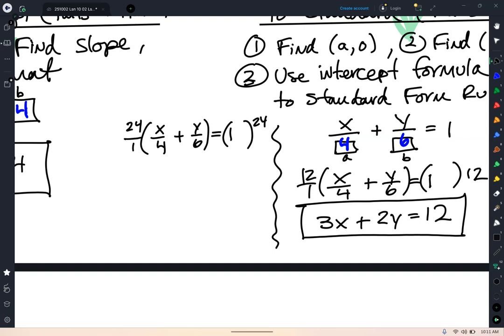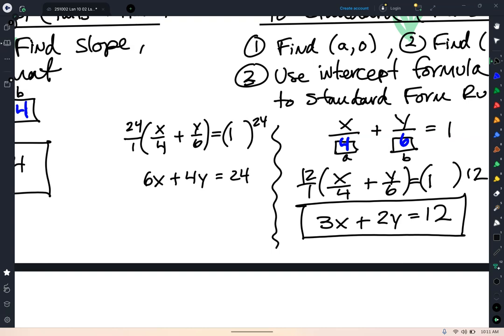So if I multiply by 24 over 1, the 4 and the 24 are going to cancel, and what am I going to be left with? 6, right? So I'm going to have 6x plus what? 6 and 24 are going to cancel, so 4y is equal to what? 24. Uh-oh.